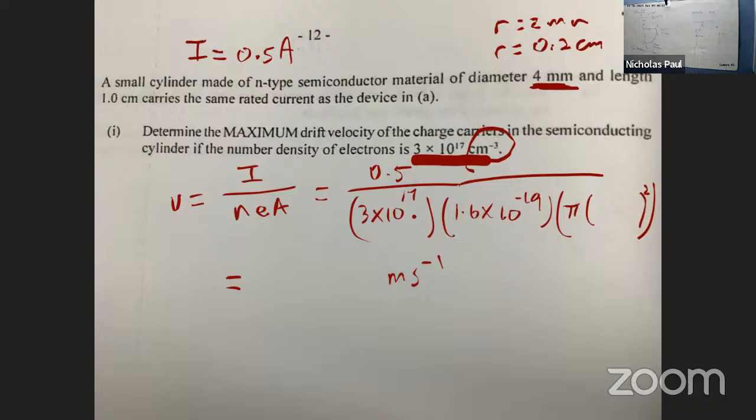Okay, in centimeters. I'll give the answer in centimeters, right? 0.2. The reason I'm doing that is because the number density is in centimeter cube. So you have to know this. So I'll keep everything in centimeters.